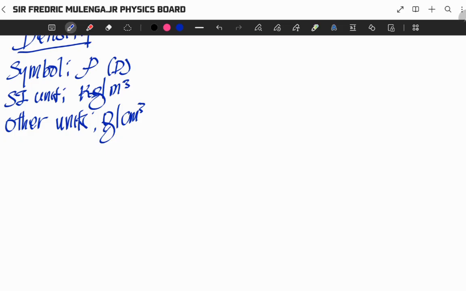So as a student, you need to have a skill of moving from one unit to another. How can you move from kilogram per meter cubic to grams per centimeter cubic?